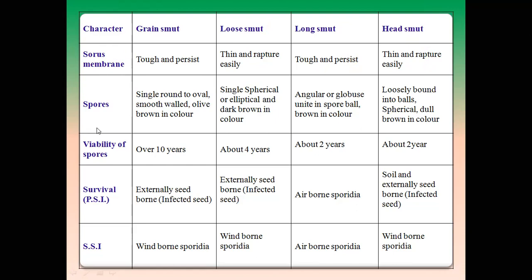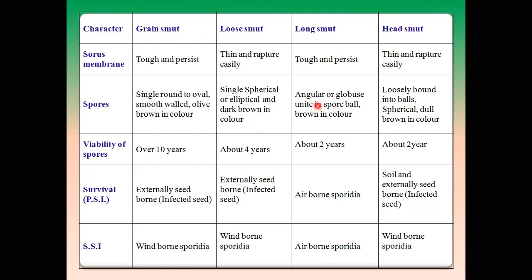Then the spores. In grain smut, the spores are single, round to oval, smooth walled, olive brown. In loose smut, single, spherical or elliptical spores, generally dark brown in color.